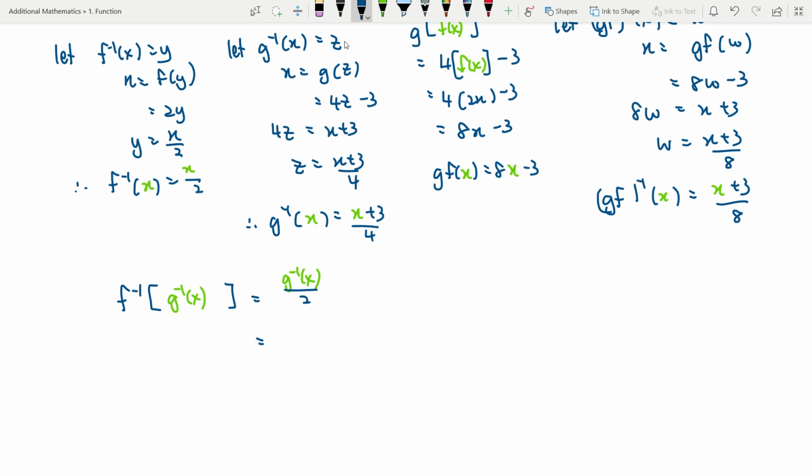Substitute the g inverse, x plus 3 over 4 over 2. So we get x plus 3 over 4 multiply with 1 over 2, which is x plus 3 over 8.